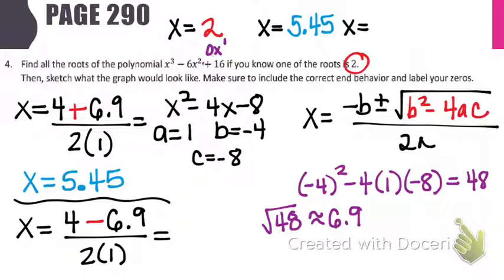And you should have negative 1.45. And that would be your 3 answers. So if you can't factor it, you have to use the quadratic formula.